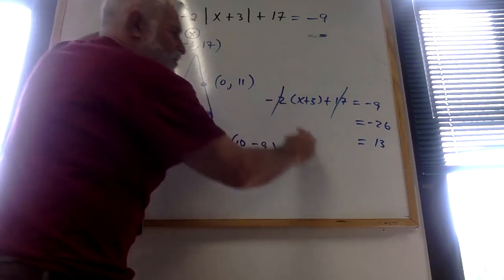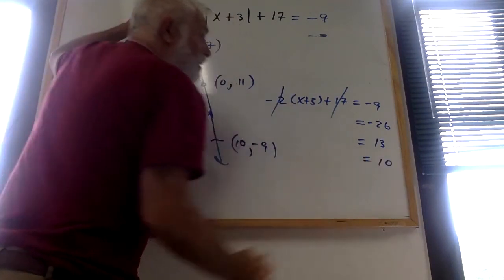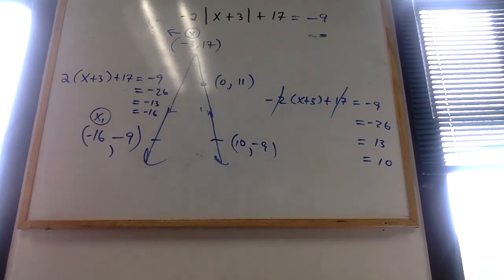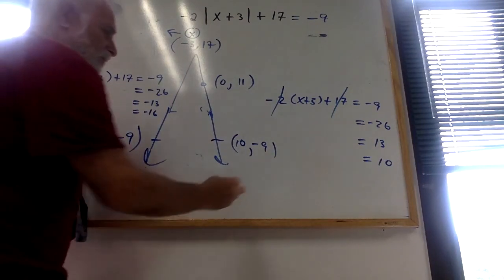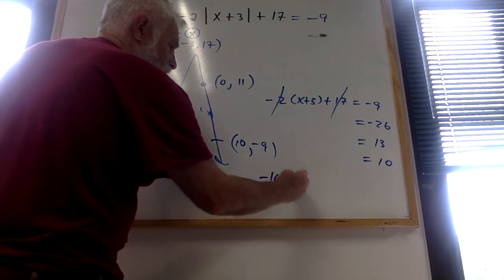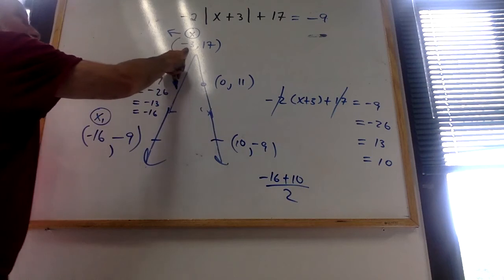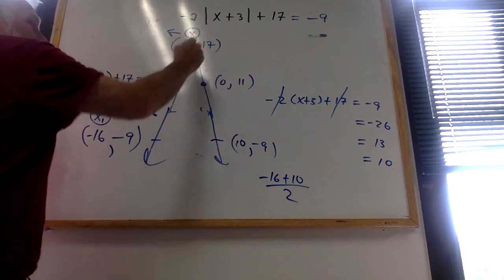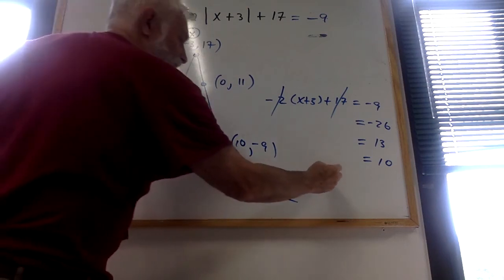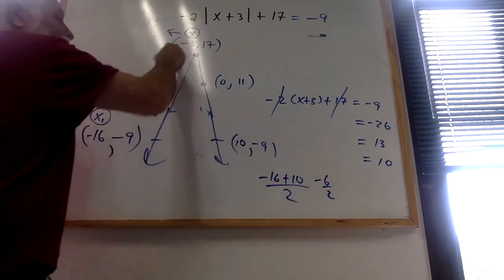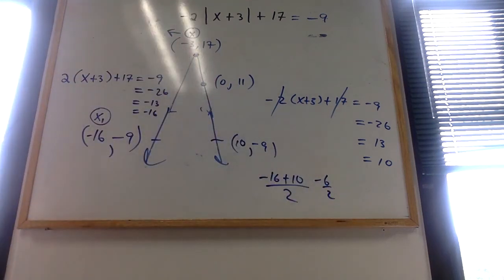Then we subtract 3, and it indeed is 10. You can always check your answers by taking the two answers, dividing their sum by 2, and the average should be the x value in the middle. And -6 divided by 2 confirms that we have the correct solutions.